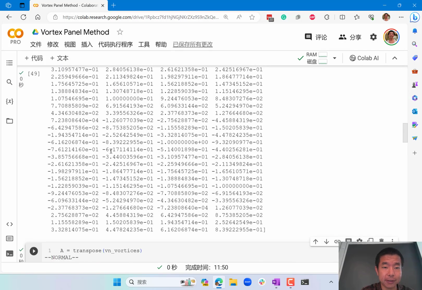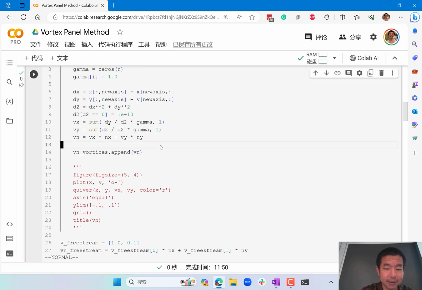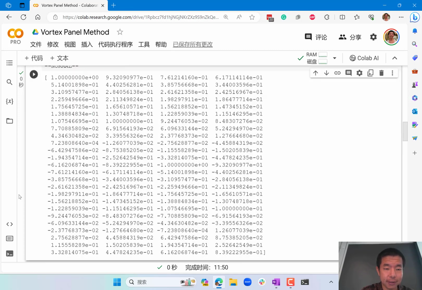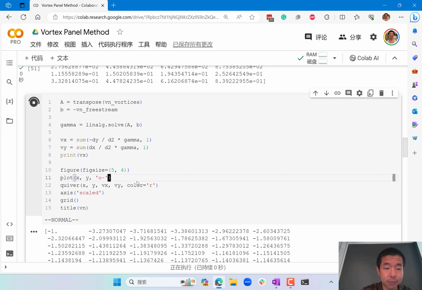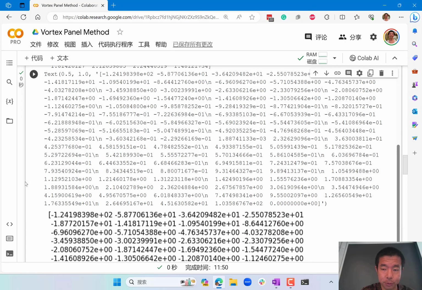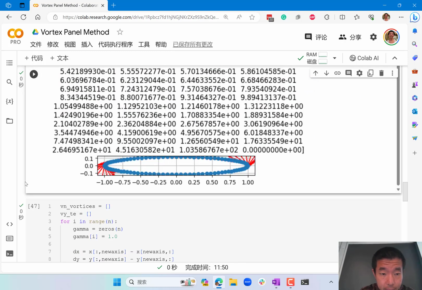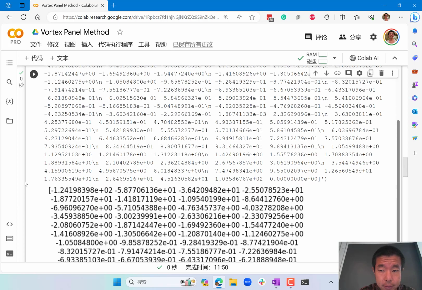Okay, so that more resembles what an airfoil is going to be like. I think I didn't run this. Sorry. I should run this and then recompute the velocity distribution.